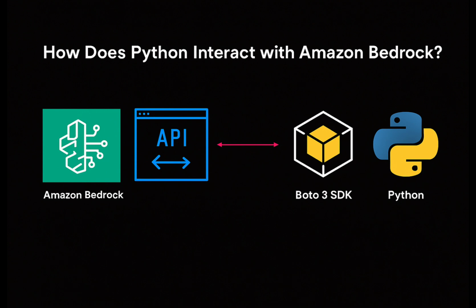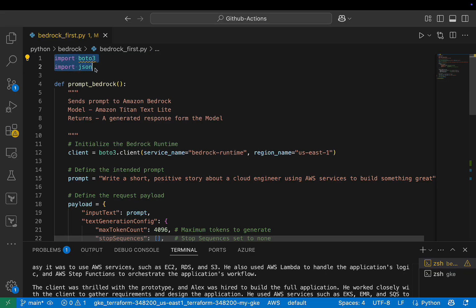Now, what we'll be doing is declaring a function that initializes the client, passes a prompt payload, calls the API, and then cleans up the response. So here I am importing the Boto3 and JSON libraries because I will be using them inside of the function.